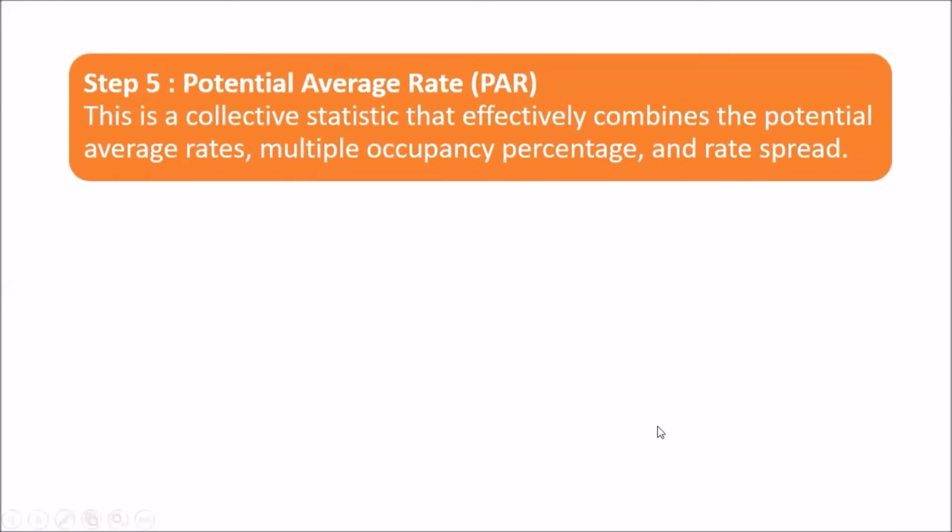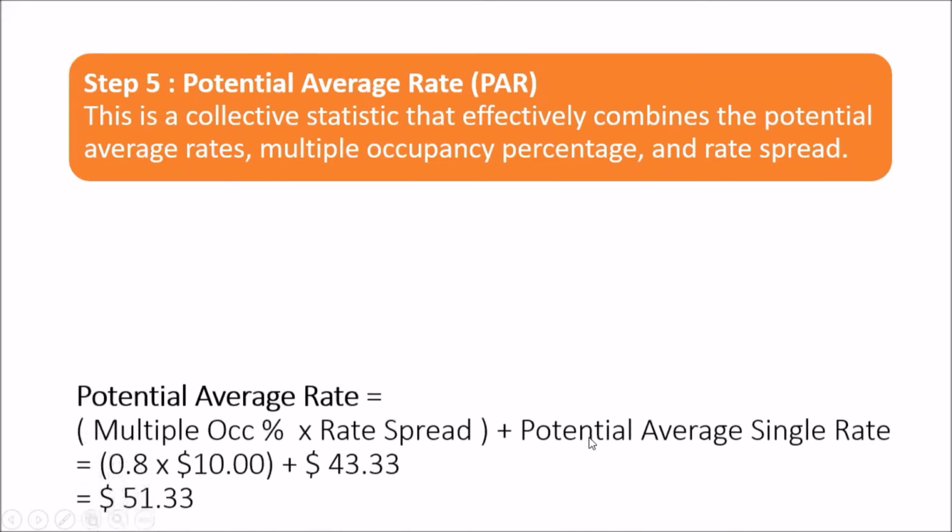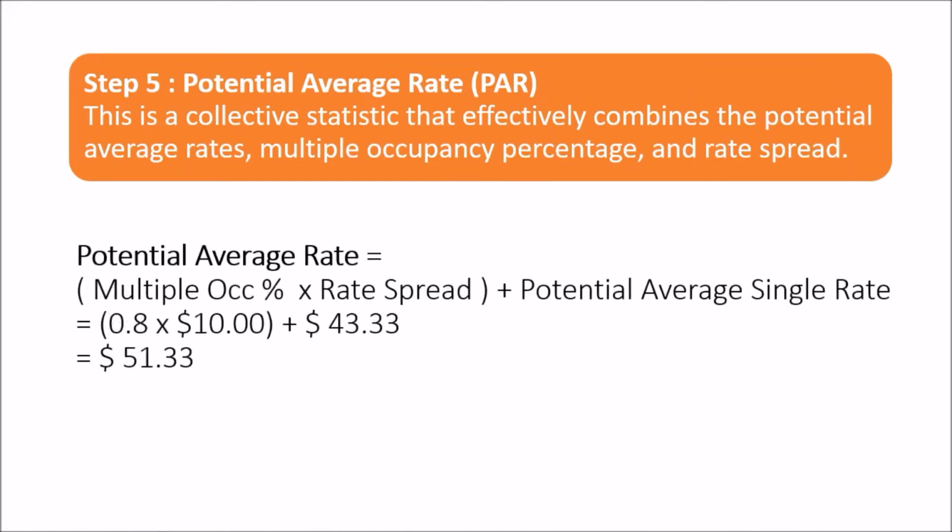Step 5, we will calculate potential average rate. This is a collective statistic that effectively combines the potential average rates, multiple occupancy percentage, and rate spread. So we will put what we have calculated previously in this formula. We already calculated the multiple occupancy percentage, which was 80%. When you write 80%, it becomes 0.8.